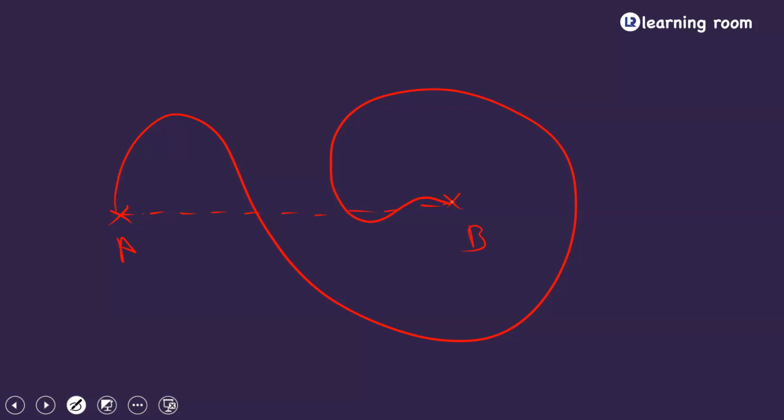If you walk on the dotted line, it is the displacement, the shortest distance to reach the point B. Let us say a situation where you have a path and you are able to pass on, and that is your distance.